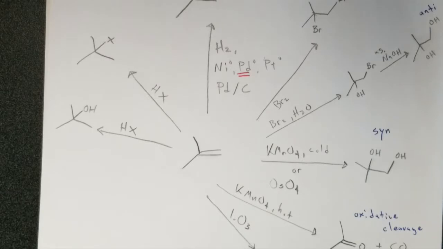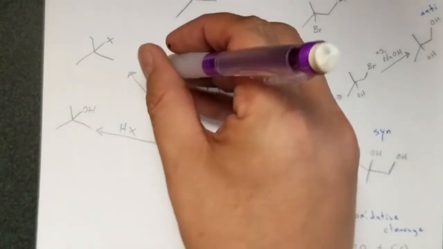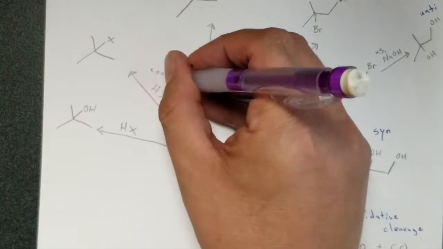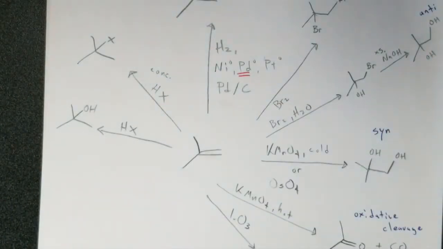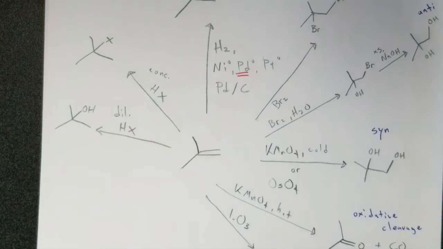So it turns out that if you specifically want the halide on there, it should be concentrated. Because if you think about it, if it's dilute, it has mostly water around. Water is going to be your nucleophile here. So if it's concentrated, X can be your nucleophile that comes in and attacks. All right.